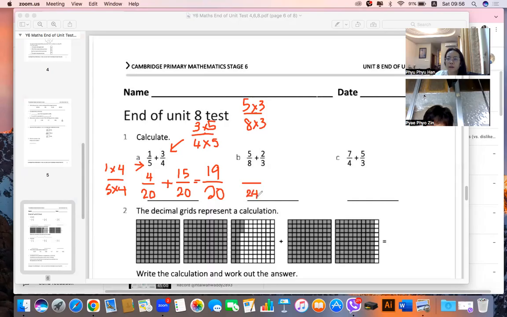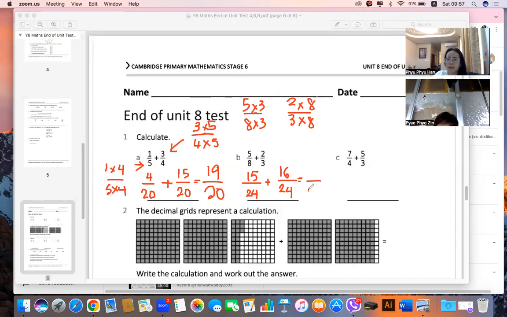The top one is 15. Plus. Now we will multiply 2 by 3 multiplied with 8. What do we get? 24. 16 by 24. Yes, 16 by 24.